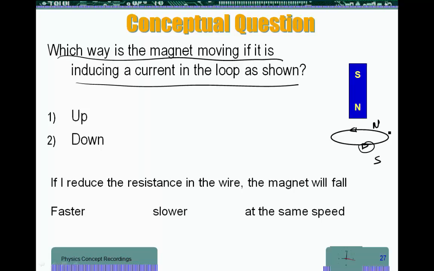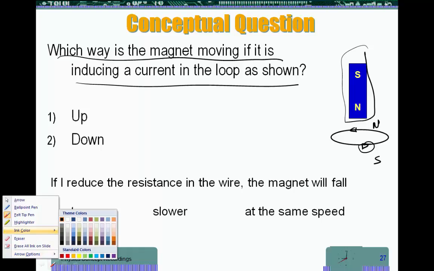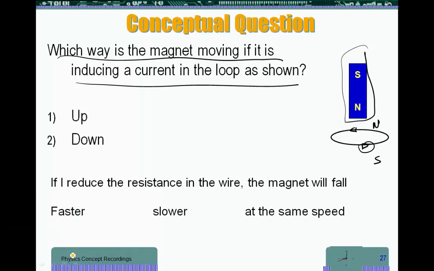Now, the current here is resulting in a flux that's pointing in the upward direction. The north pole, due to the permanent magnet, would result in a flux in the loop pointing in the downward direction. So let me draw it in red, what's due to the magnet. So the flux due to the magnet, in yellow, is pointing in this direction.